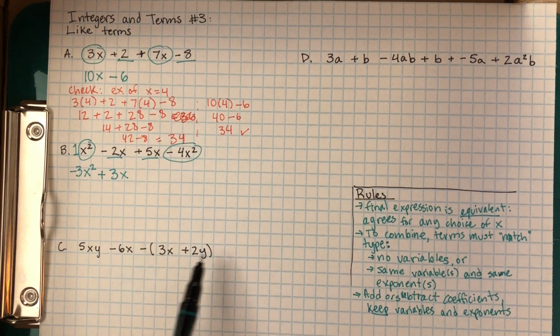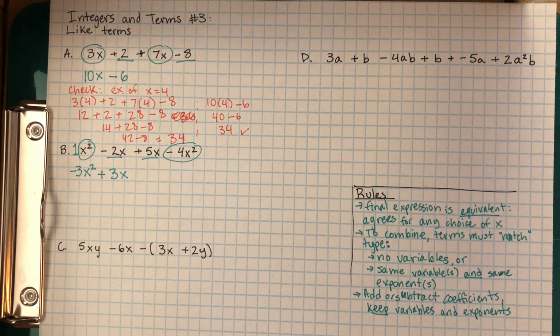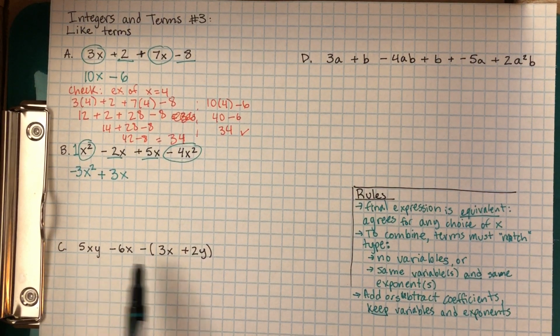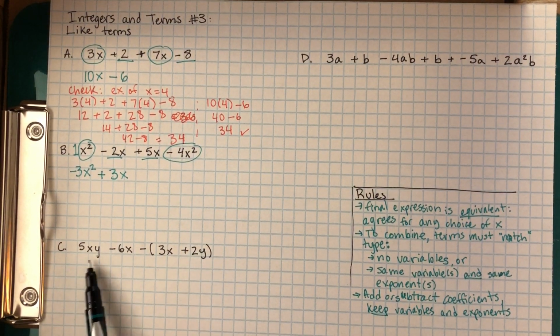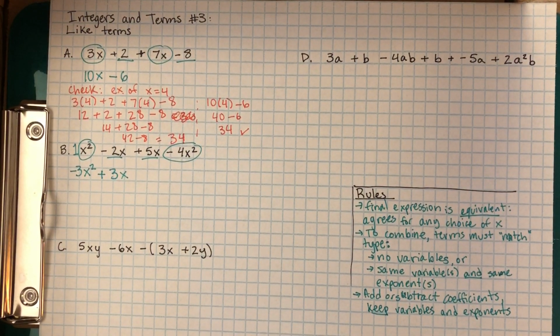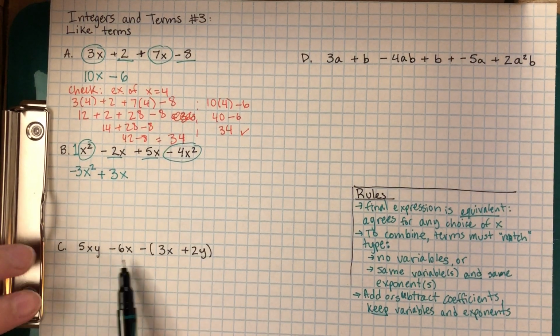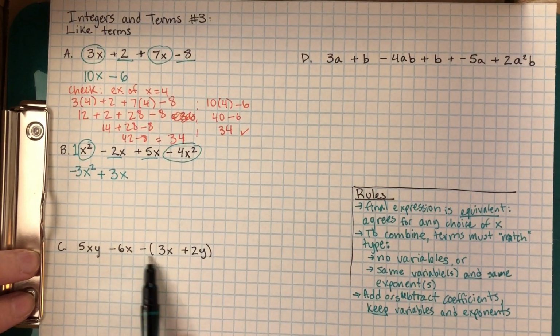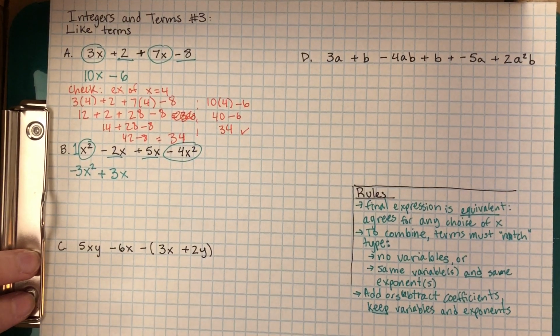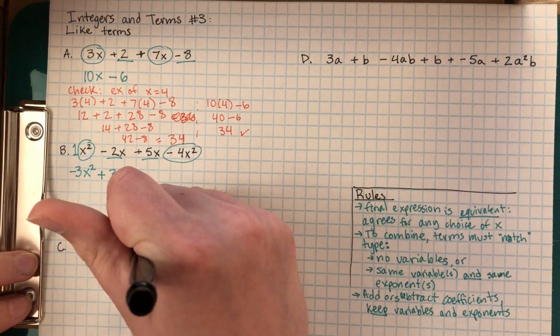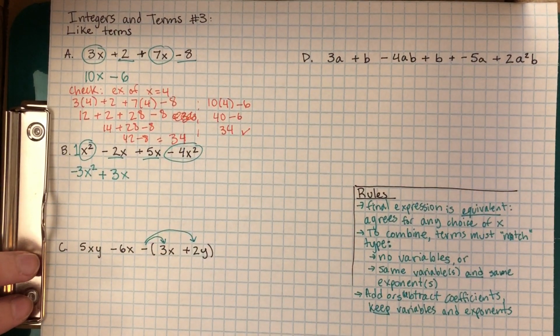So here we can see we've got these different coefficients. We have some with x's, some with y's, and this one that has x and y. So the first thing we should notice is we're subtracting a group, which means we need to sort of distribute this minus sign.